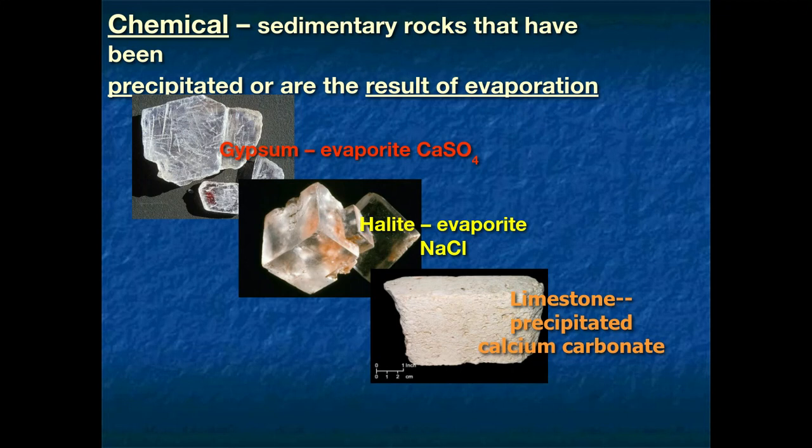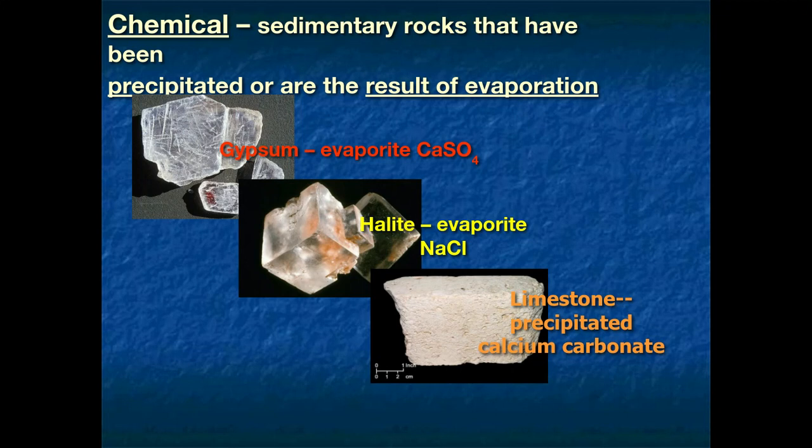Gypsum, the calcium sulfate, would be readily identified based on its hardness. Gypsum is about a hardness of number 2, and so that would be easily scratched with your fingernail. So these three common chemical rocks are very easy to identify if you implement the acid and the hardness test and even the possible taste test.